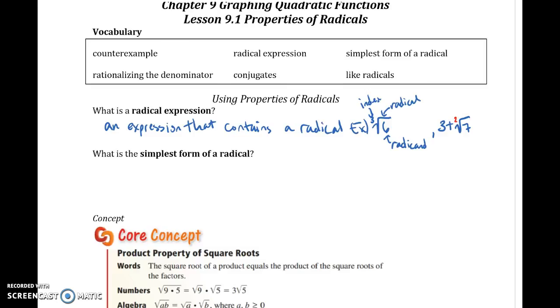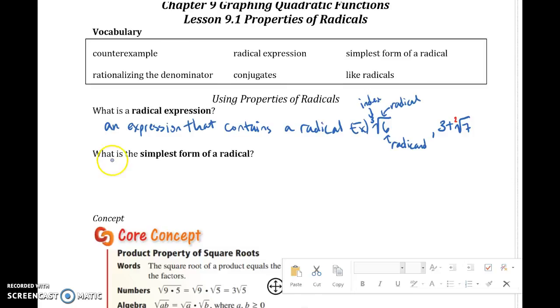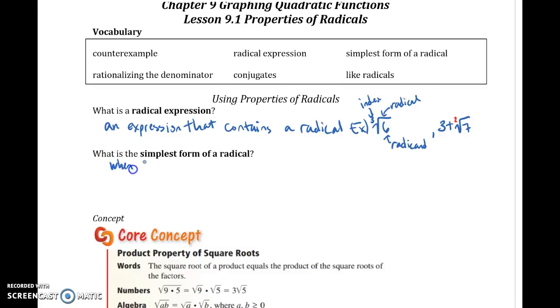Now what we call the simplest form of a radical basically means you have a radical expression that meets these 3 conditions. Okay, and we'll look at this in the example.